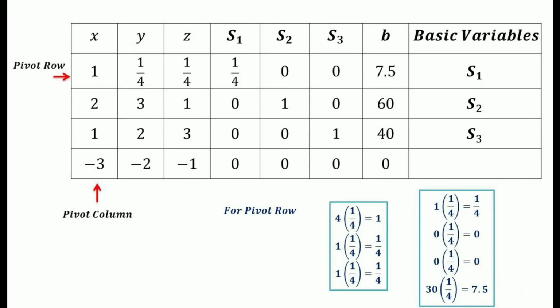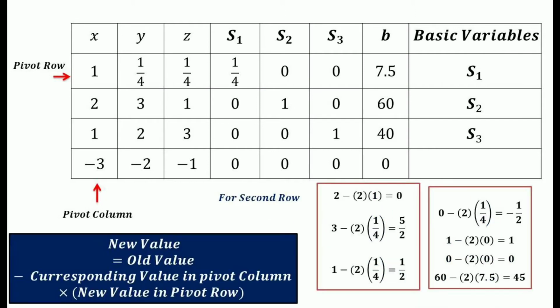So here we are going to replace the old elements of the first row with the new elements, that is 1, 1 upon 4, 1 upon 4, 1 upon 4, 0, 0 and 7.5.